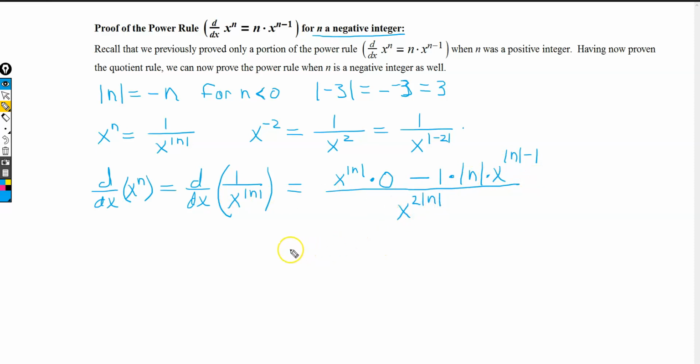And then we can clean this up a little bit. This term, of course, is 0, so that just goes away, and we end up with and now we can just subtract 2 times absolute value n from this exponent up here using properties of exponents.